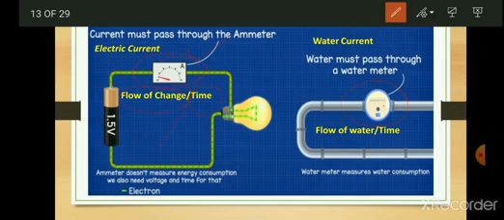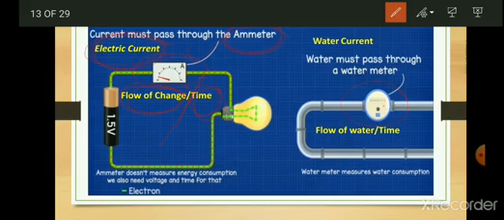How many charges are flowing per second, that will be the electric current. Ammeter, students, very important. The flow of charge per second is called electric current, and this electric current is measured by the ammeter.